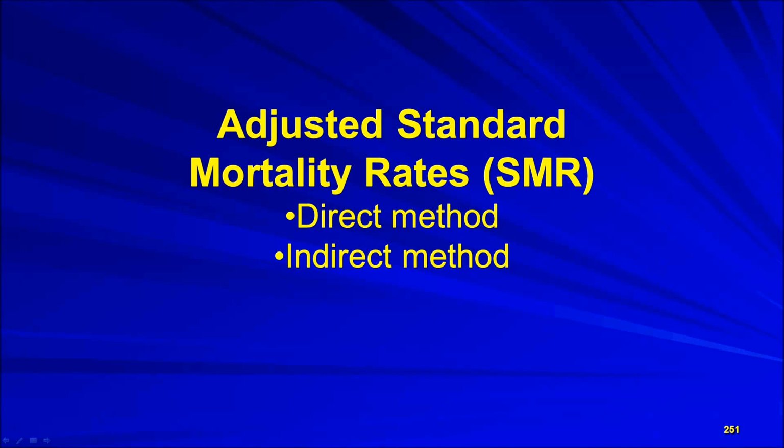Sometimes you'll see the word adjusted, and they are adjusted, and I'm going to tell you how we're going to adjust them. The direct method, we adjust the data in one way, and the indirect method, we adjust it in a different way. So I'll give you some clear criteria as to when you would use one versus another.